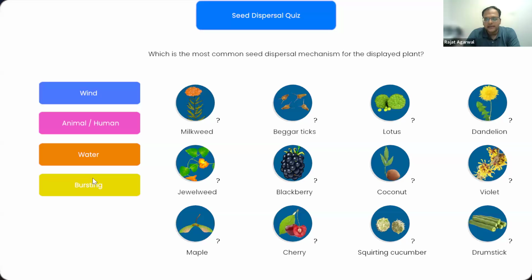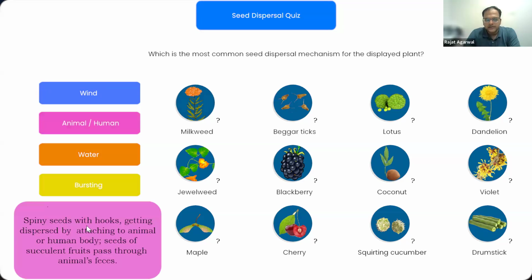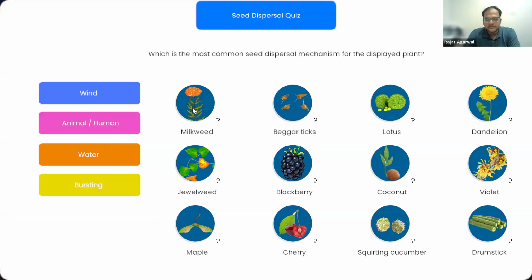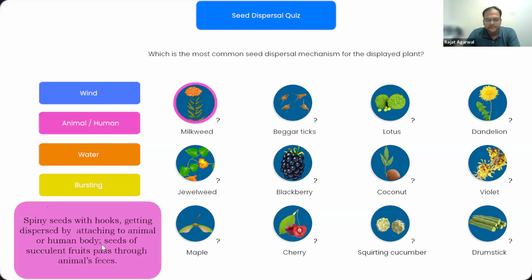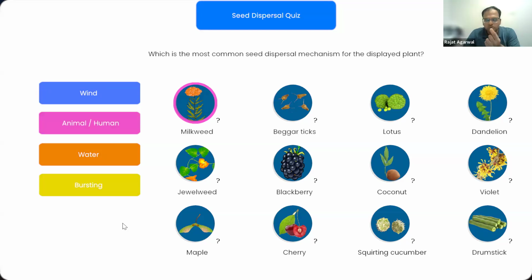We have to see that from here. So let's say for example animals. Just taking an example. Spiny seeds with hooks. So these are seeds which have hooks, right? So here I have written animals, right? So these attach, because seeds with hooks attach very easily.